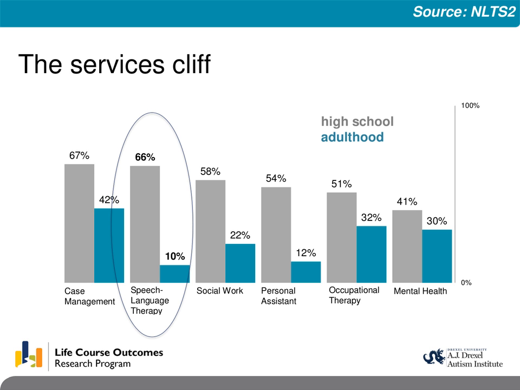And it's also the one that's hardest to get when people leave high school. It's very difficult to find funding for speech-language therapy. It's difficult to find speech-language pathologists who have training to work with adults on the spectrum. So again, we use this information to raise awareness among policymakers and agency directors about the challenges facing this population.